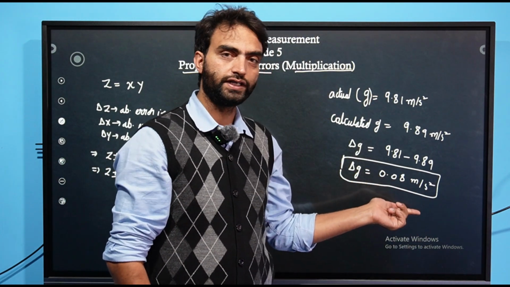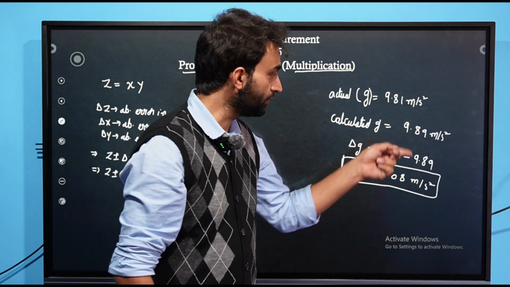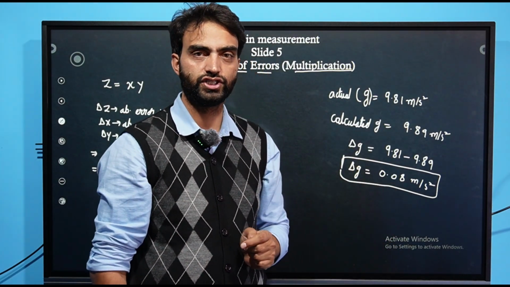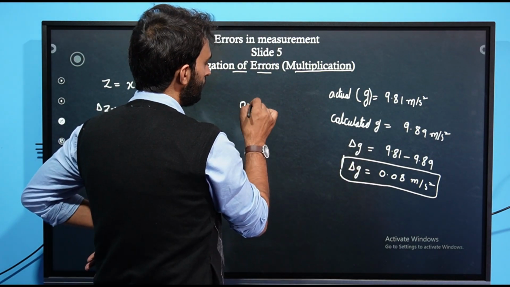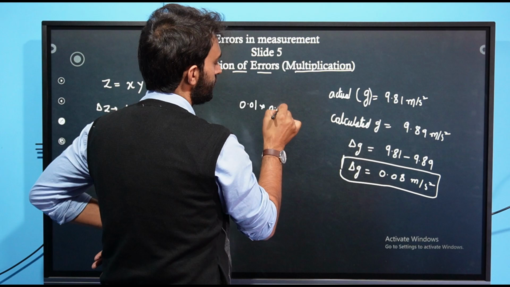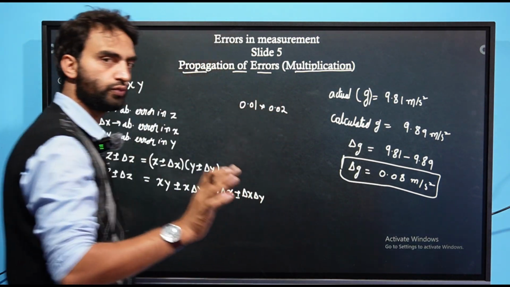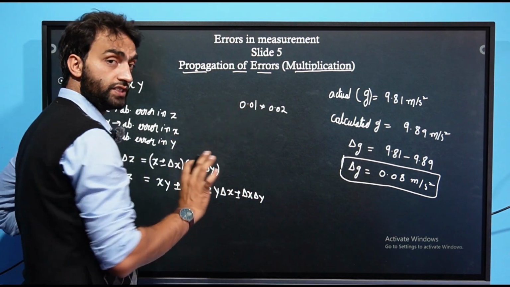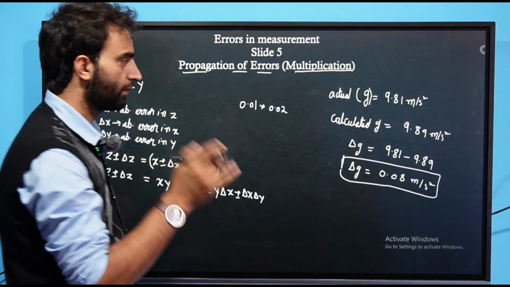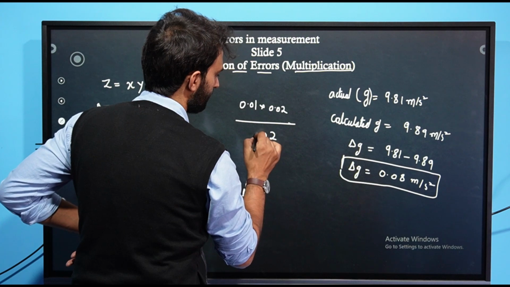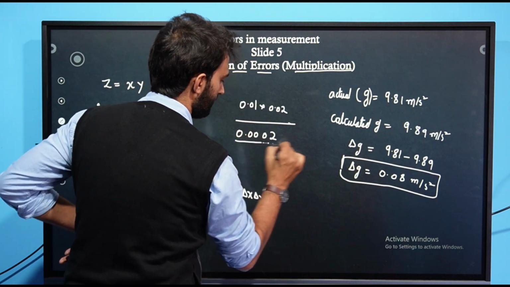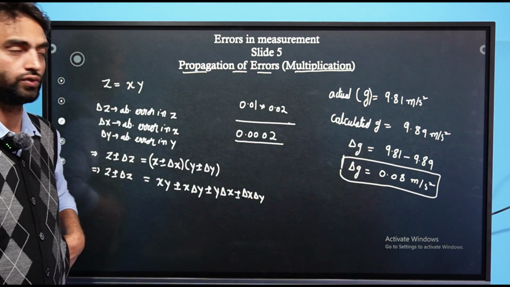Okay, so now if you analyze this, the value of delta g is very small as compared to the actual value of g. So for example, if you have 0.01 multiplied by 0.02, 0.02 is a small quantity, fine, and 0.01 is a very small quantity. What happens when we multiply them? See, the result will be 0.0002.